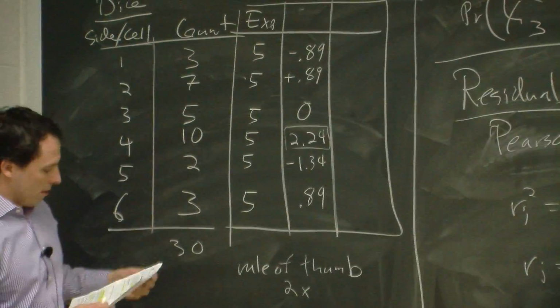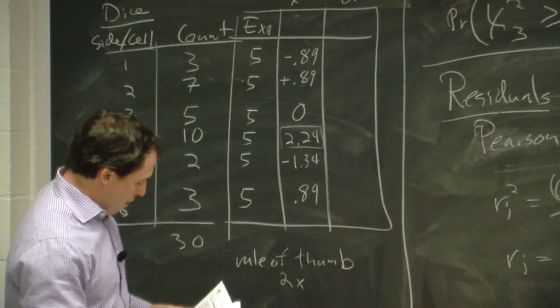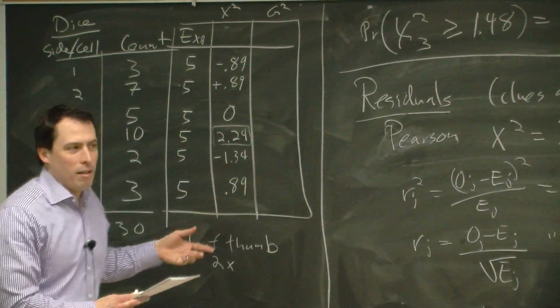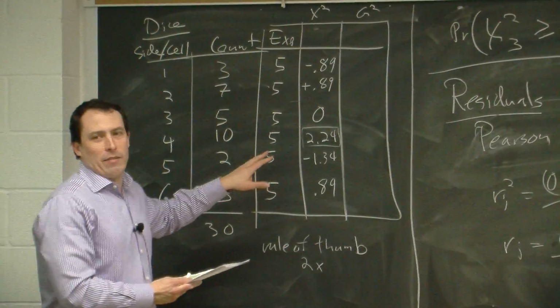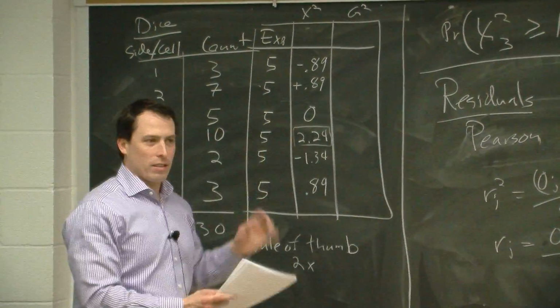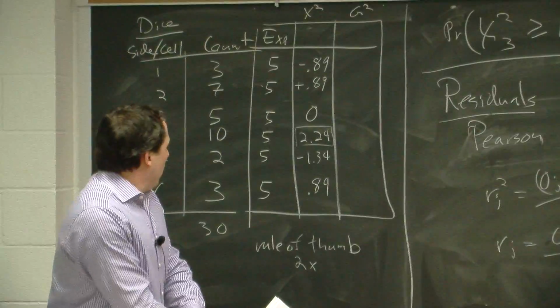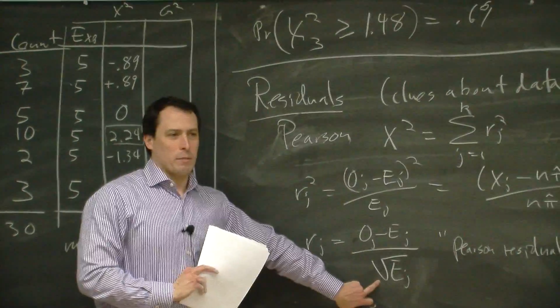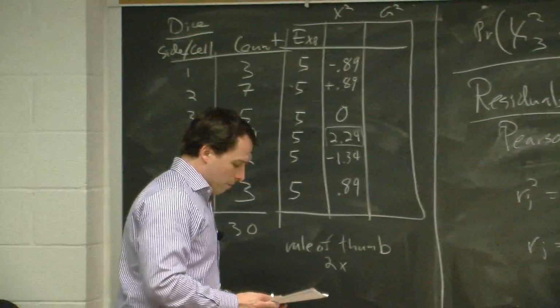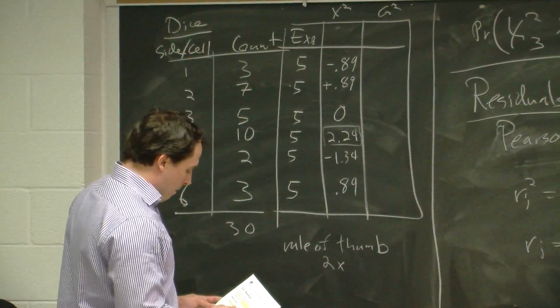It doesn't seem to fit very well for that cell, but of course we know that overall there's no significance. So it's not very strong evidence. Implicitly, twice the square root of the expected.